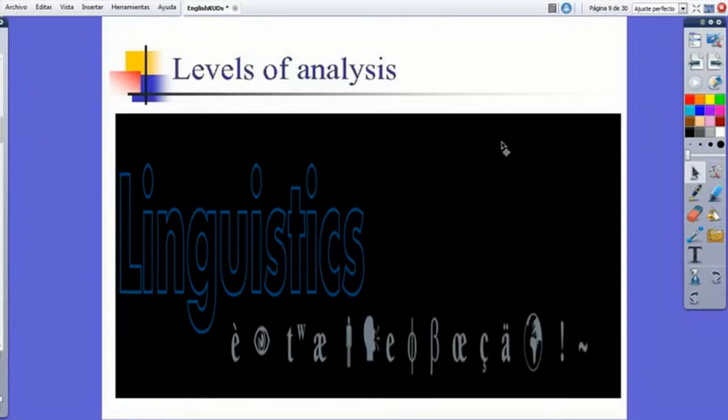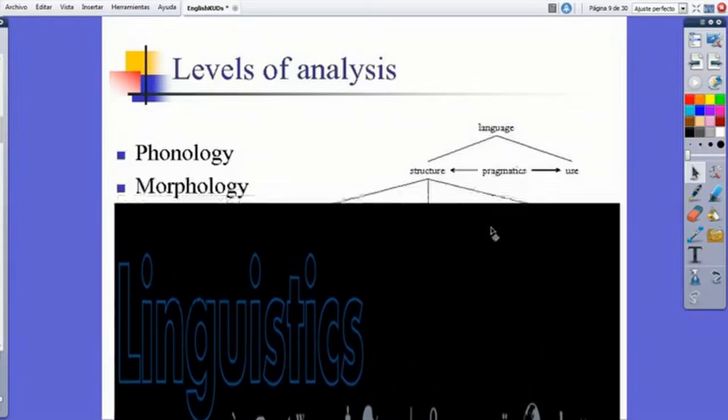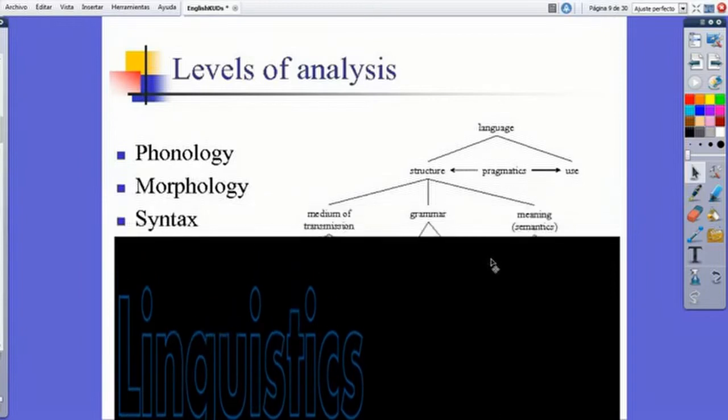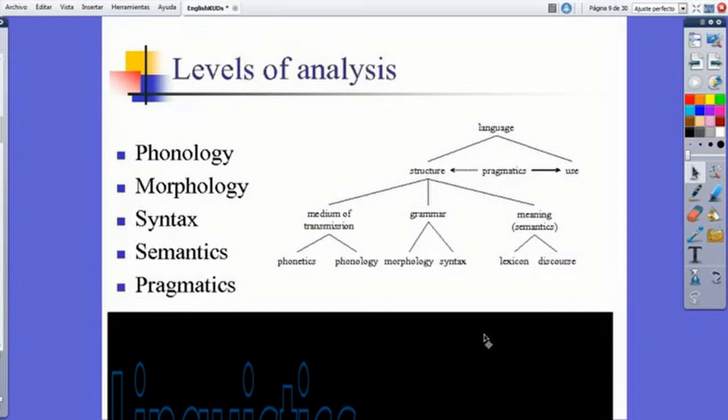As we all know, there are several levels of linguistic analysis, such as phonology, morphology, syntax, semantics, and pragmatics, as you can see in this diagram on the right. We find language at the top, divided into structure and use. And in between we find pragmatics.